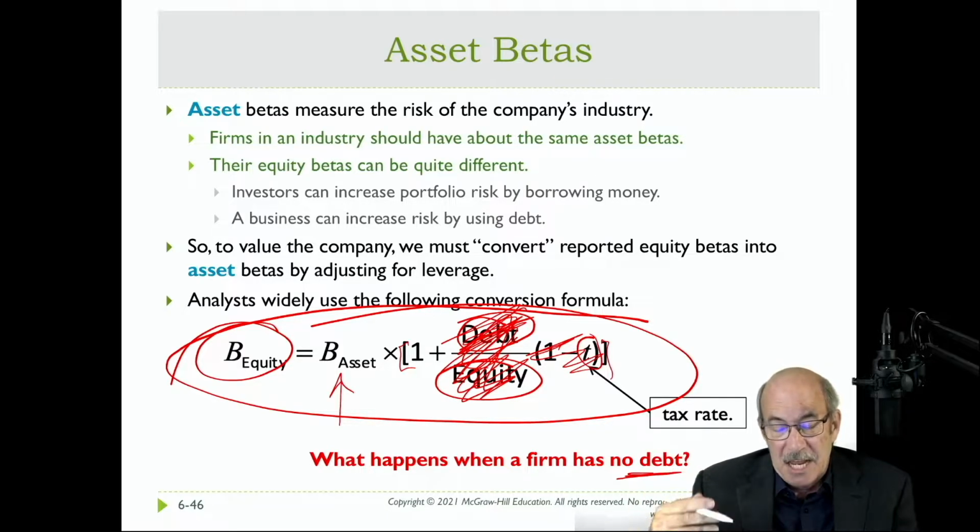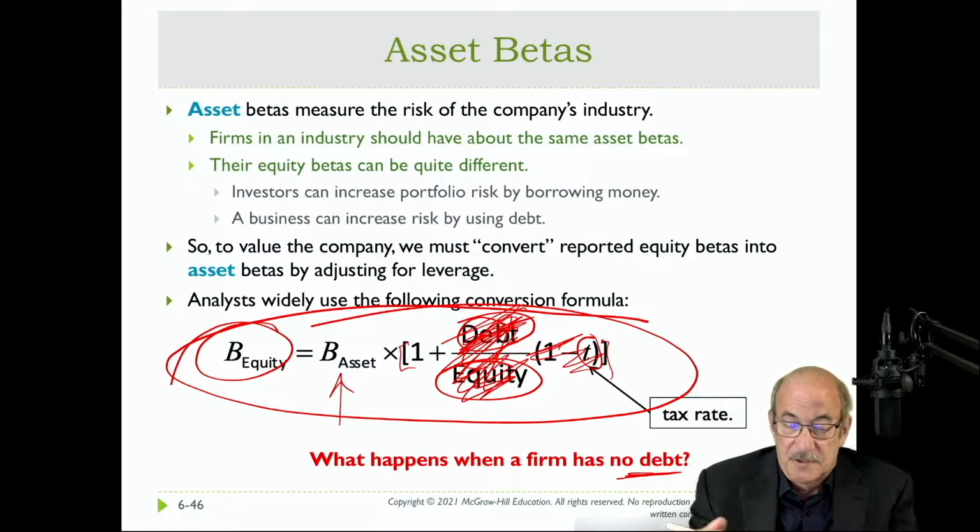So when there is no debt, the asset beta equals the equity beta. When there is debt, the value inside the brackets is greater than 1, meaning that the equity beta is going to be higher than the asset beta, which makes sense, right? Because equity is a riskier position when we have debt on the balance sheet. It's a relatively simple formula, just plug and chug to get your asset beta.